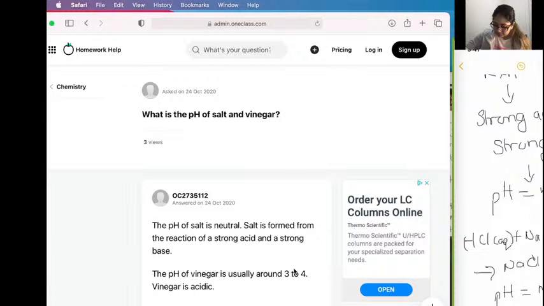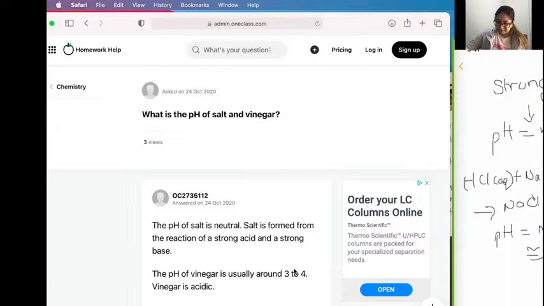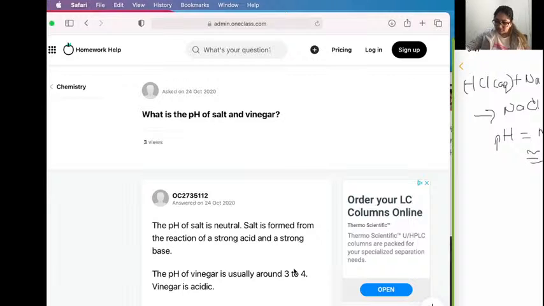So it's approximately 7. A neutral pH is basically 7. So we can say that the pH of a salt is near 7, although there could be some debate about it.